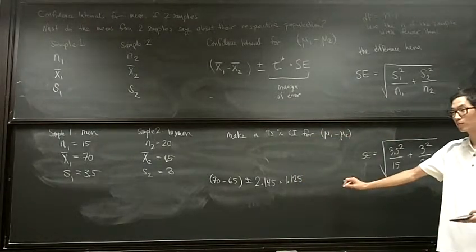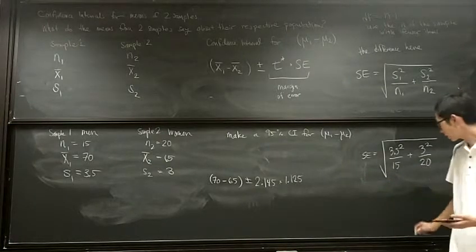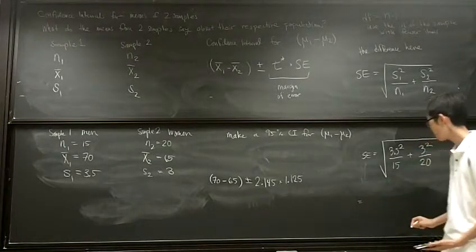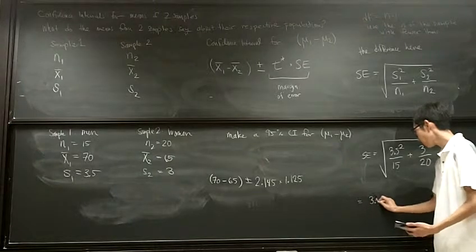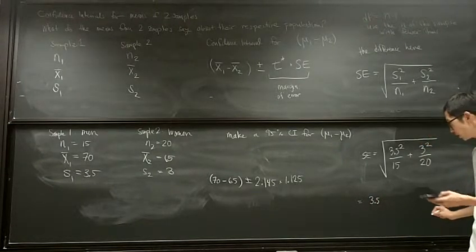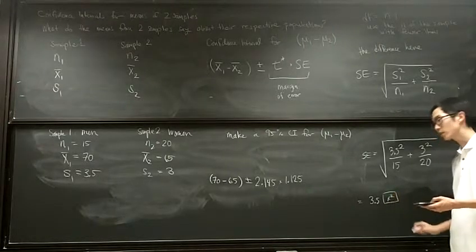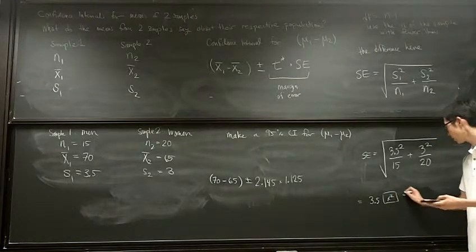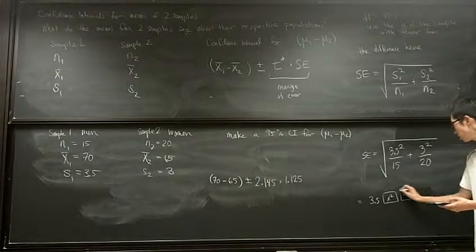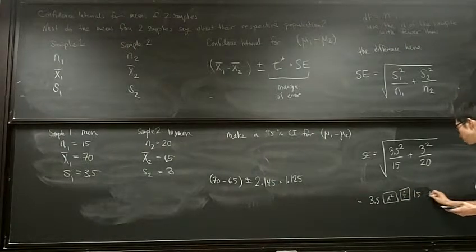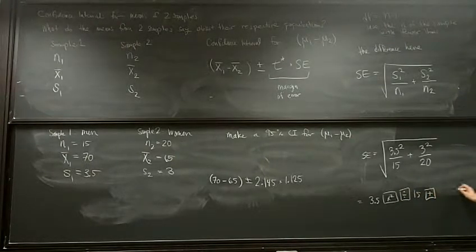So all you have to do is hit 3.5 and the square button, which on your calculator probably looks like x squared, then the divide key, 15, plus, 3 squared, divide key, 20, equals.